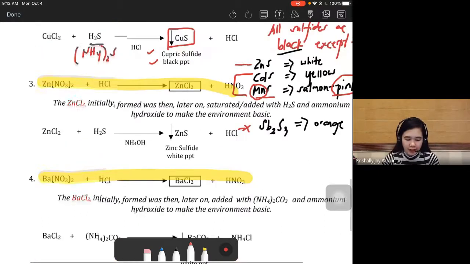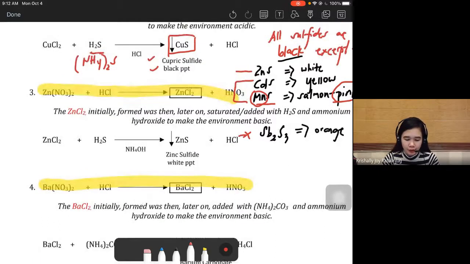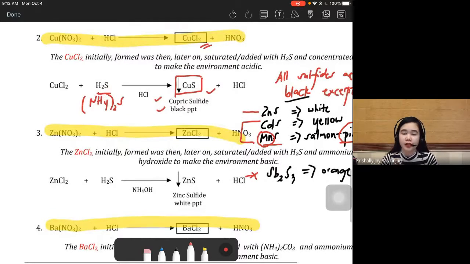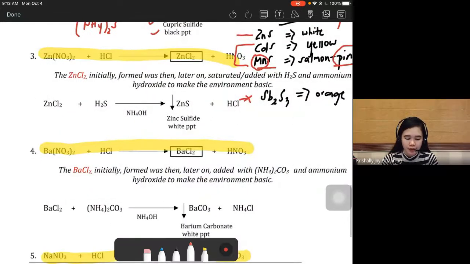After precipitating out the cupric sulfide, mayroon na lang tayong tatlong ions na natira on the test tube. So padayon ta. The next procedure is adding sulfide pa rin, saturating the solution with hydrogen sulfide, or yung binigay ko nga na demonstration for the experiment, I simply added ammonium sulfide. So basic naman to, at the basic environment.